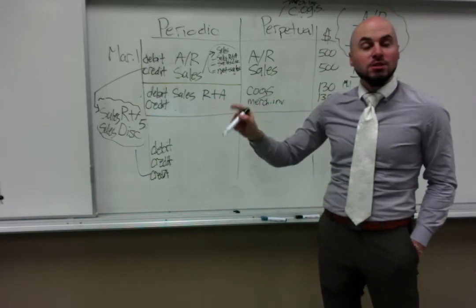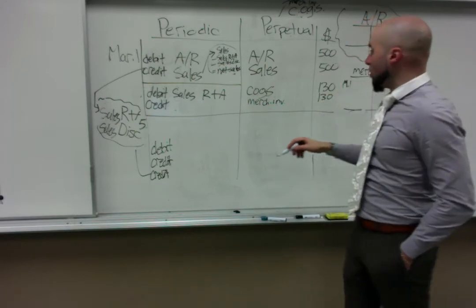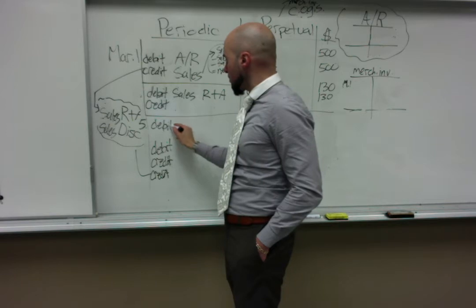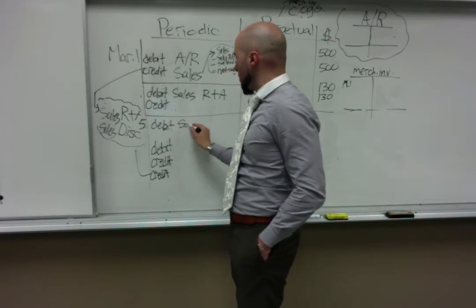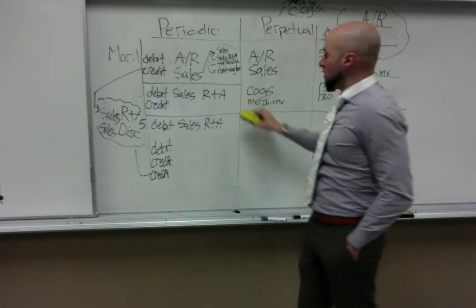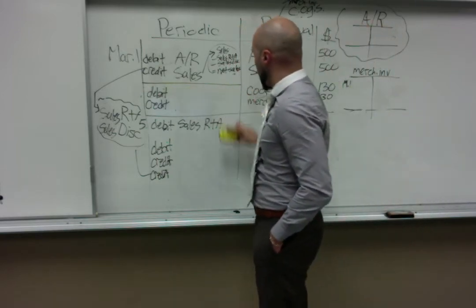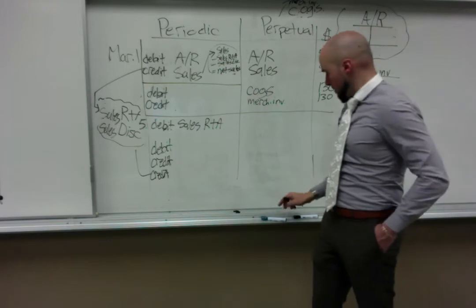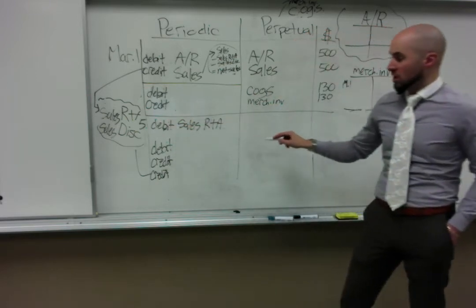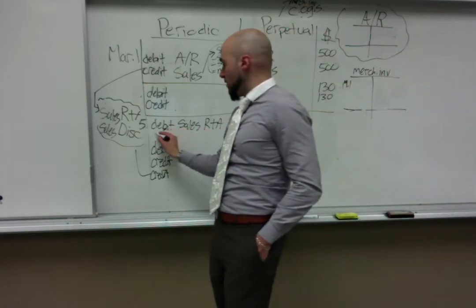Sales, returns, and allowances is the debit on March 5th. Okay, see what's happening here? This is March 5th.